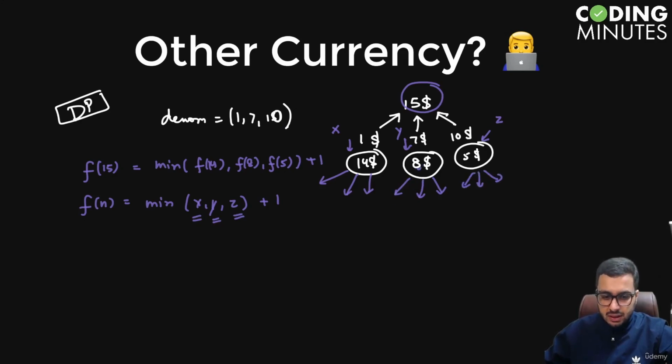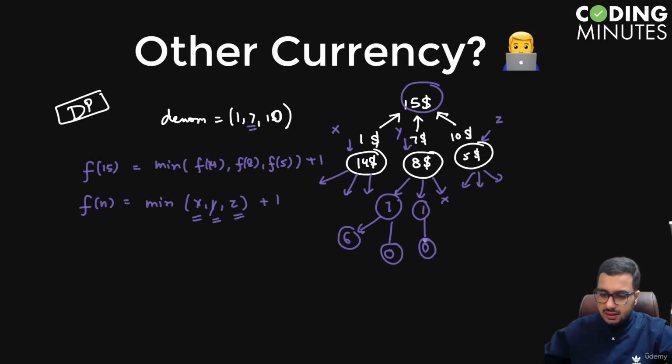For example, 8 will say, I can make a call to 7, or I can make a call to 1, or no other call. Now 7 can make a call to 6, or it can make a call to 0, because if you pick a $7 note, you can end up at 0. Also, 1 can make a call to 0.